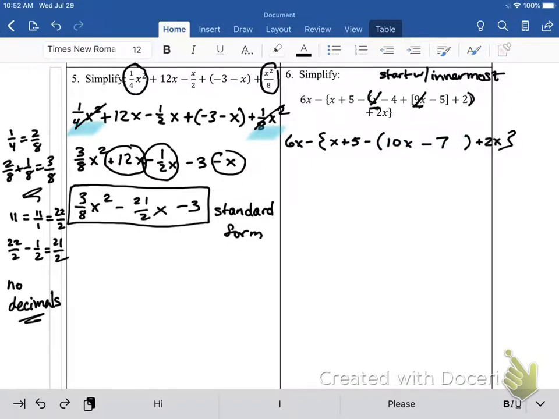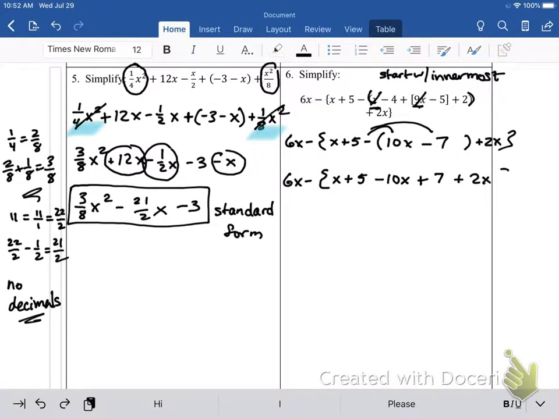I'm going to move outward to the squiggly parentheses. And so I'm going to simplify everything in there. Now the problem with that is that there's a minus sign outside the parentheses, which means I'm going to have to use the rule for subtraction, which is to distribute that negative across every term inside. So I did that, minus 6x, and then x plus 5, minus 10x, negative times a negative is a plus 7, and then plus 2x.